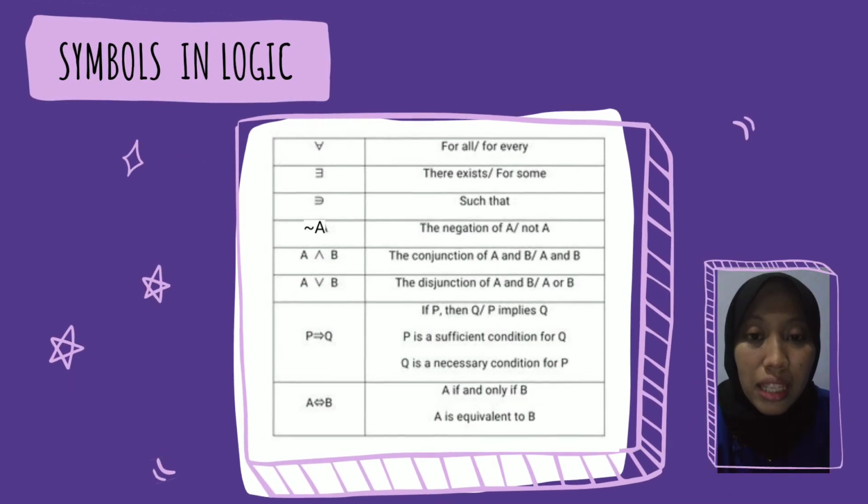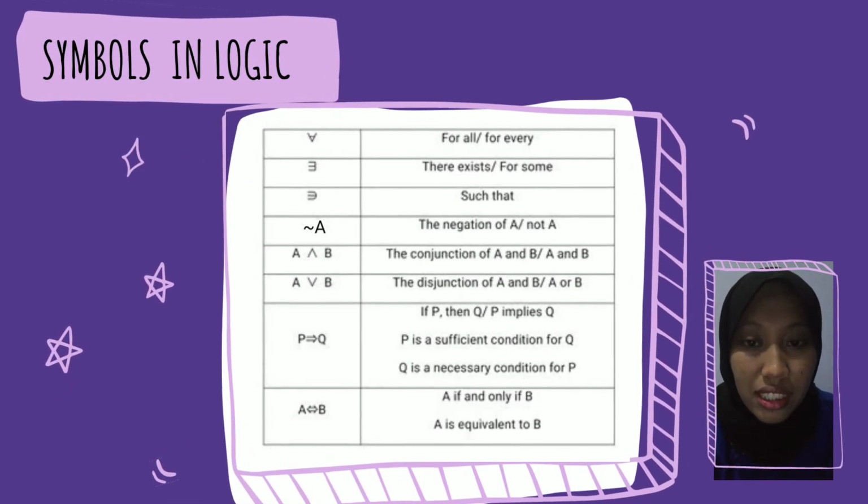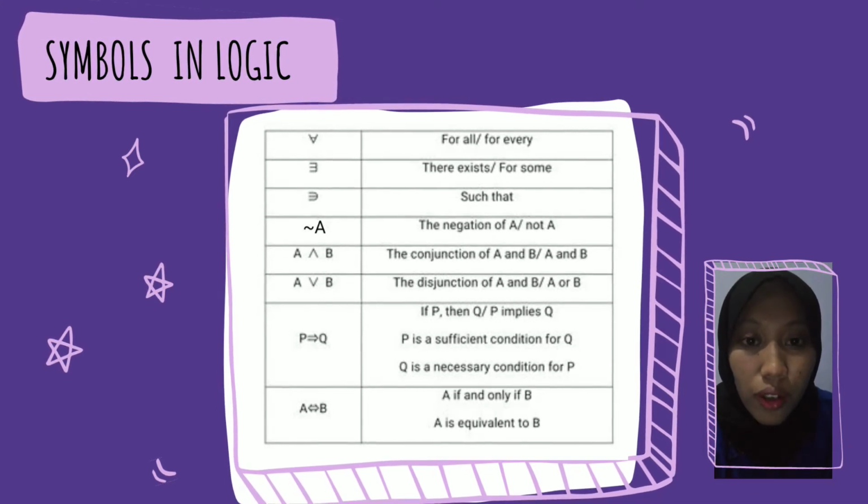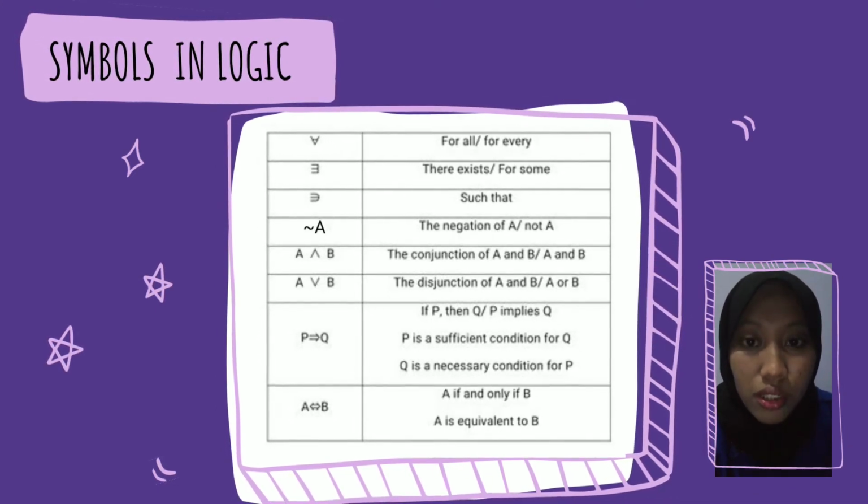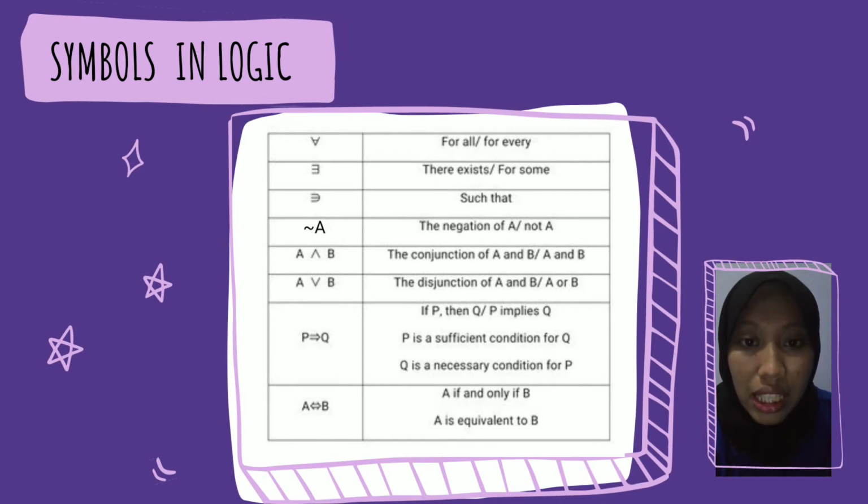Then, there are some symbols in logic. 1. For all or for every. 2. There exists or for some. 3. Such that. 4. The negation of A or not A. 5. The conjunction of A and B, or A and B. 6.